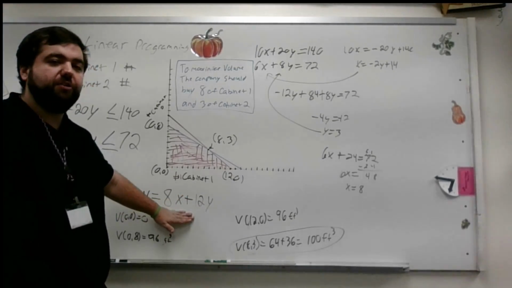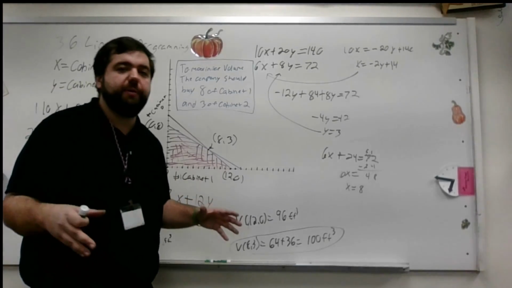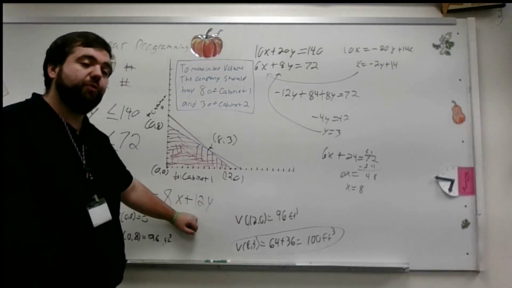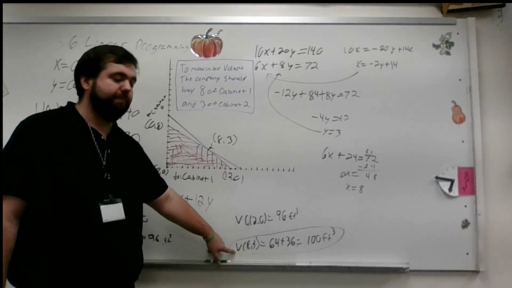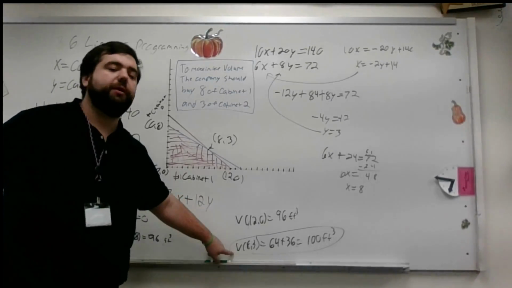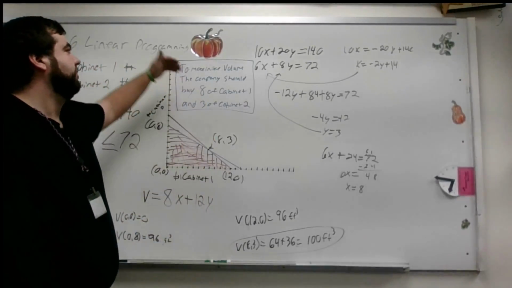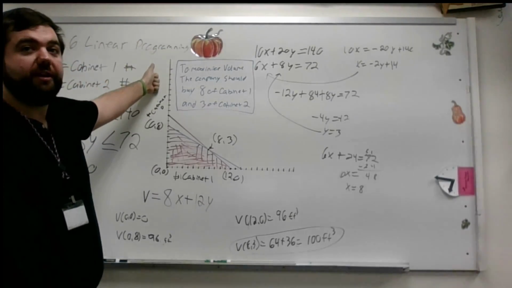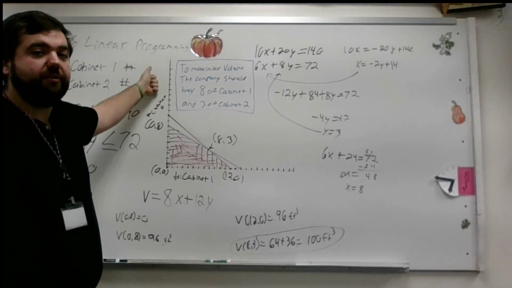That's my objective function. The total volume is the volume of each type of cabinet put together. Took those, plugged in all 4 vertices, and found that that gave me the greatest volume. That's what I'm looking for. That's my final solution. And I write it as a full sentence. If you do not write full sentences, I will take off points.